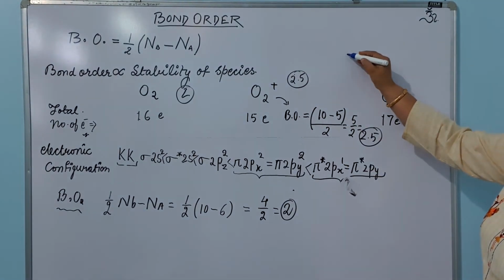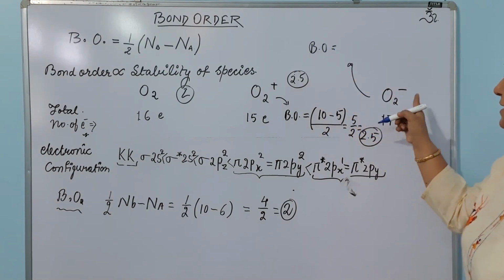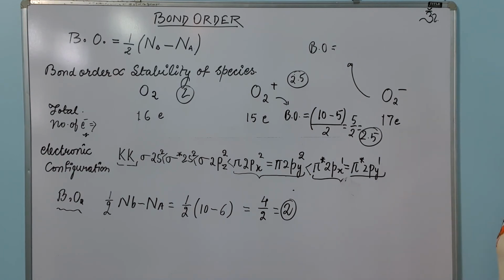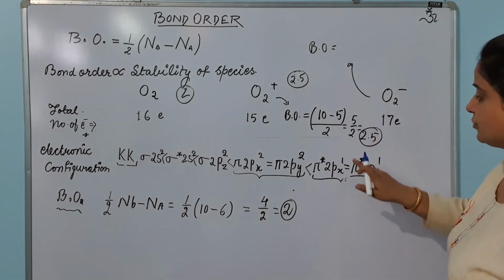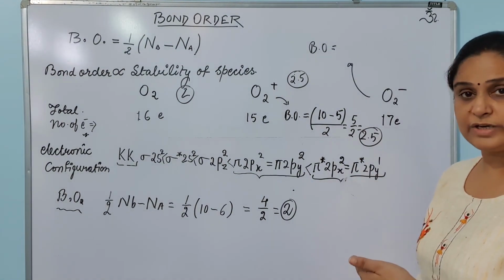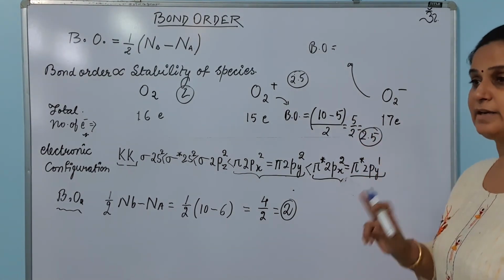Same way we can calculate the bond order for this species. How will we find it for this species? We are going to give one more electron. So that was the configuration of the oxygen molecule. Now I am going to add one more electron to it. So it is not 1 now, the electron will be filled into it, so 2 electrons are there. Now what will happen? Calculate the number of bonding and anti-bonding electrons.